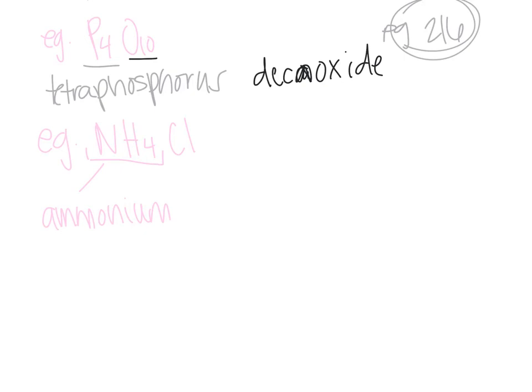We wouldn't break the nitrogen and the hydrogens apart because they already form a specific compound. So ammonium, and then we take this second element, add the root name, which would be chlor, and then add ide to it. So this one is just ammonium chloride. And we don't have any prefixes because this is an entire molecule. And then this one is just one, so we don't add mono.